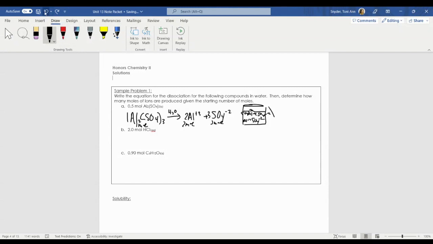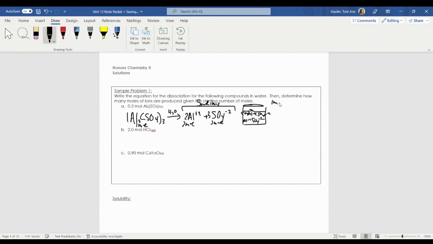Okay. So the question is asking if I had 0.5 moles of aluminum sulfate. It looks like 1 mole of aluminum sulfate can produce a total of 5 moles of ions, right?